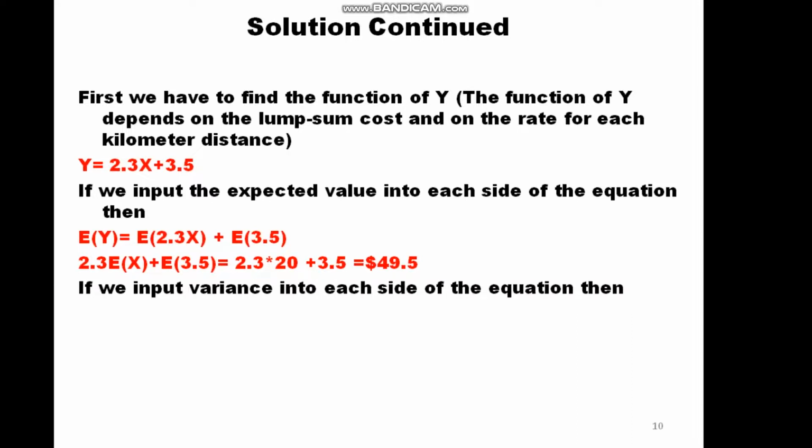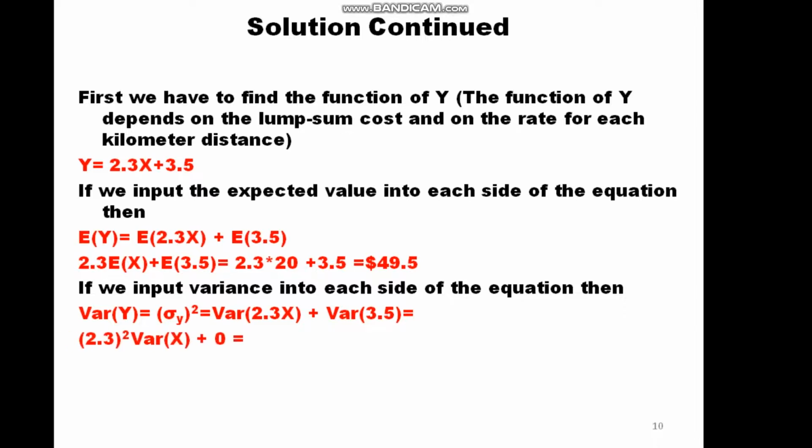If we take the variance of each side of the equation, it will give us the variance of y, which is equal to sigma squared, which equals the variance of 2.3x plus the variance of the constant 3.5.